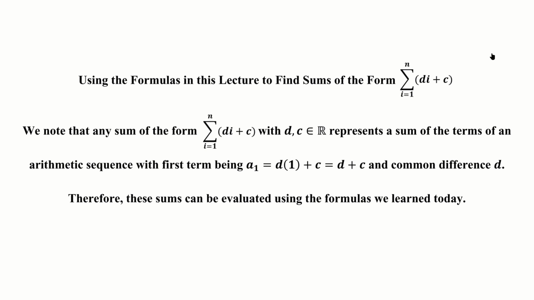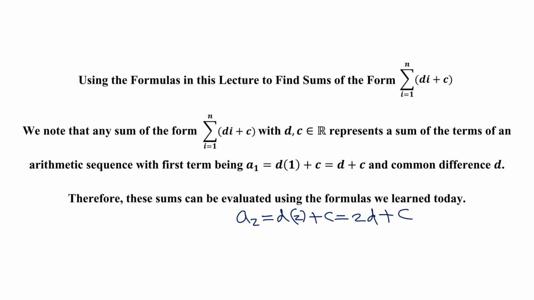Because think about it, what would the second term be, right? For instance, a2 would be d times 2 plus c, right? Which is basically 2d plus c.